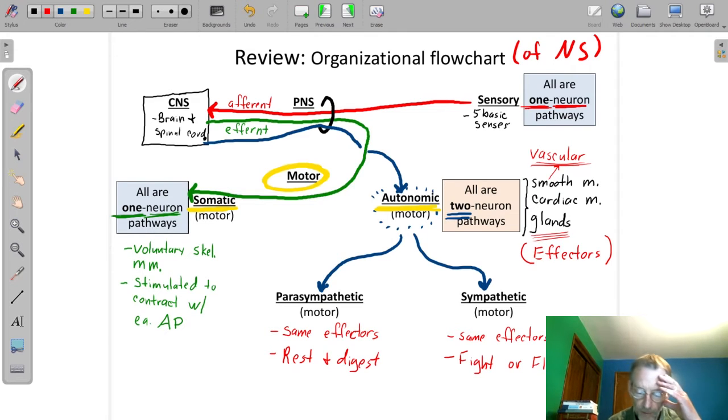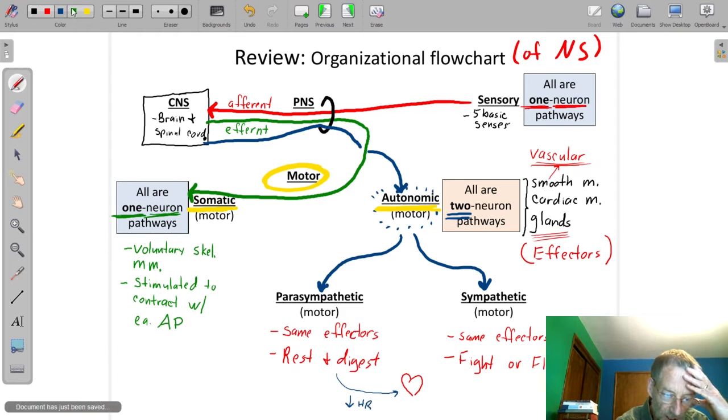So, for example, both fibers go to the heart, cardiac muscle. Parasympathetic fibers would be lowering the heart rate. If the sympathetic is dominating, we would be raising the heart rate.